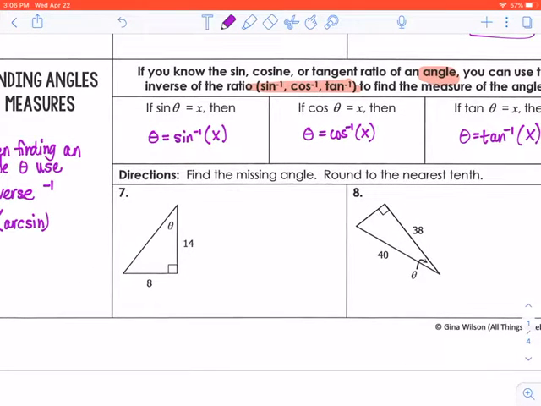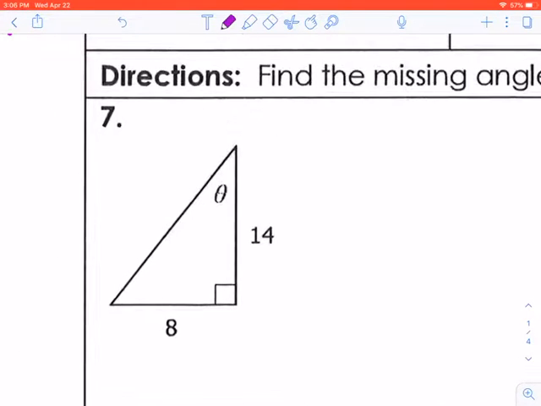Okay, the fun thing is, I mean, not fun to you, is we set up the equations the same exact way using SOHCAHTOA. Okay, so I see my angle theta here, just like we did before, but just now I don't know what the angle measurement is, okay?